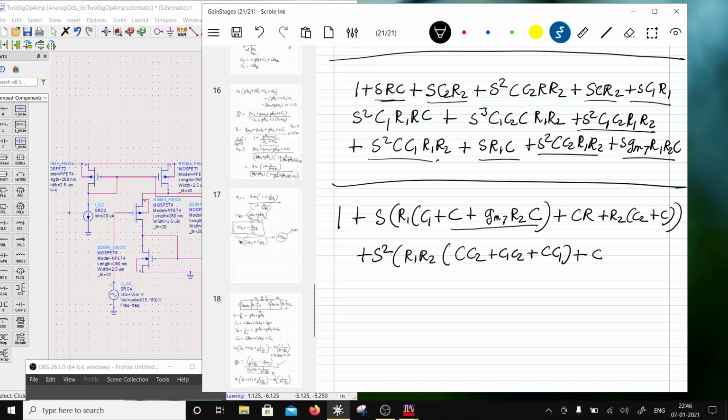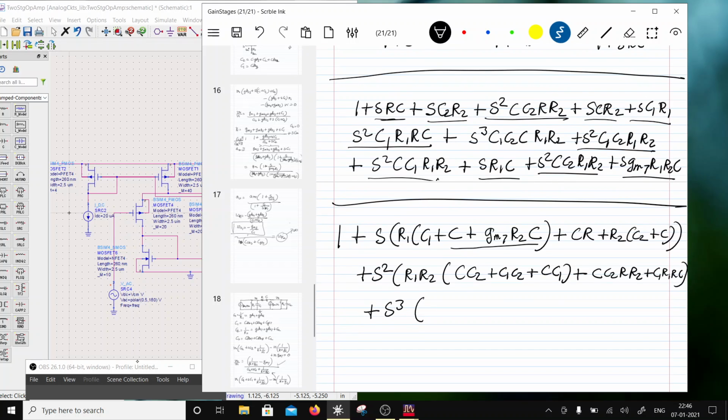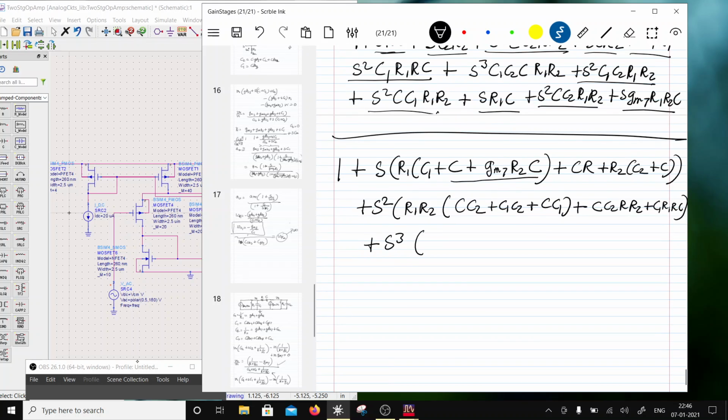So one term is going to be C C2 R R2. So this is the term, and another term is this one, which is plus of C1 R1 RC. So these are S square terms, and let's do the S cube term. Okay, so there is only one S cube term which is left out, which is C1 C2 C R1 R2, isn't it? So that's the S cube term.